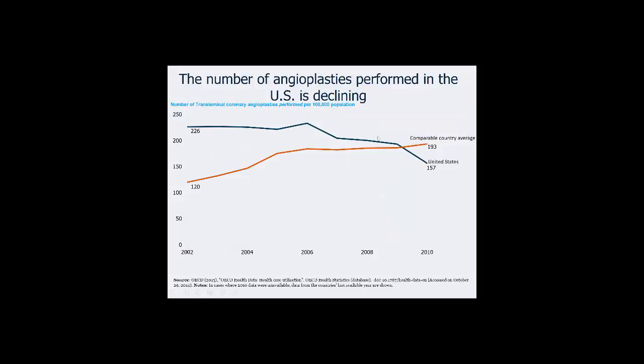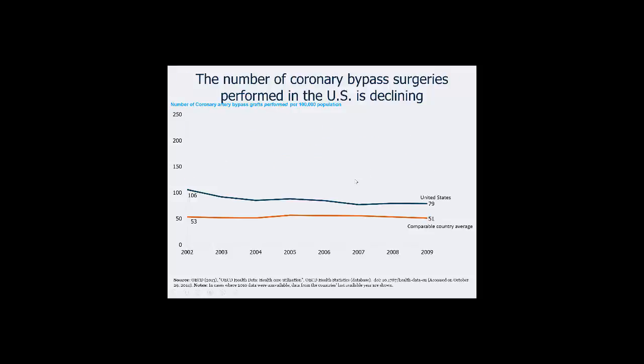The United States has seen a continued decrease in angioplasties performed, while other nations have seen an increase over this time period. In terms of coronary bypass surgeries, we have consistently remained above. It's been fairly stable and not a whole lot of changes. Again, these are procedures you're going to perform after a heart attack has occurred, or where we see lots of blockages, so not as preventative.